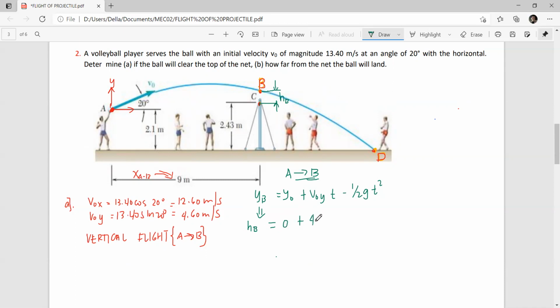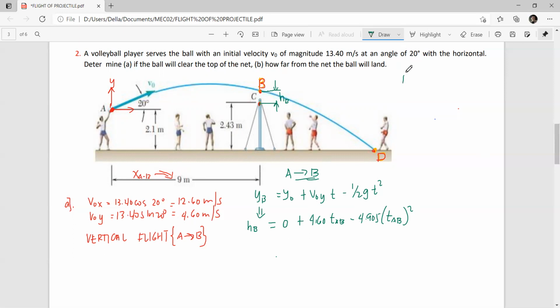This is 4.6 multiplied by time from A to B minus 4.905 times the time from A to B squared. So we have two unknowns.